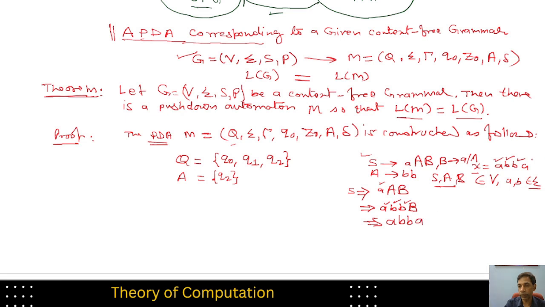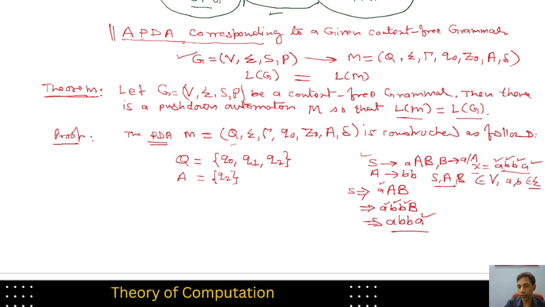Now you see that the last a is also matched. So this is the string abba. You wanted to verify whether x equal to abba is in the language or not, and starting from S you are able to generate this string abba.